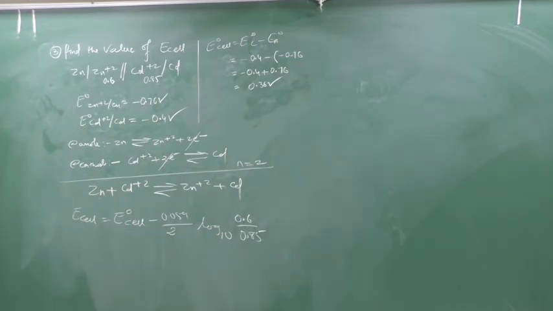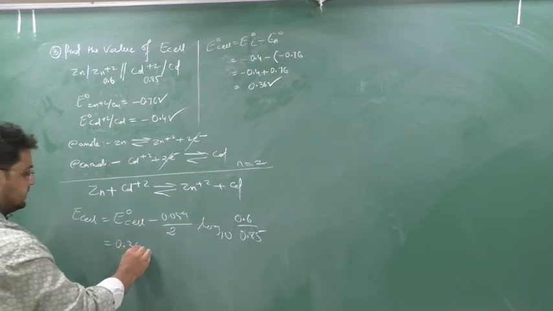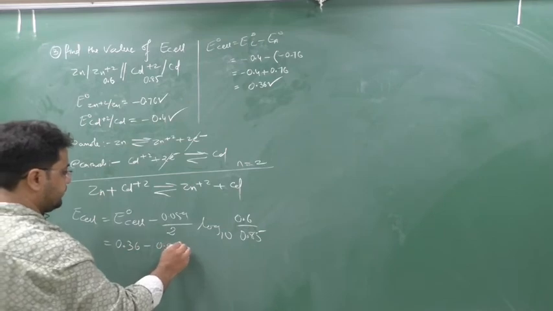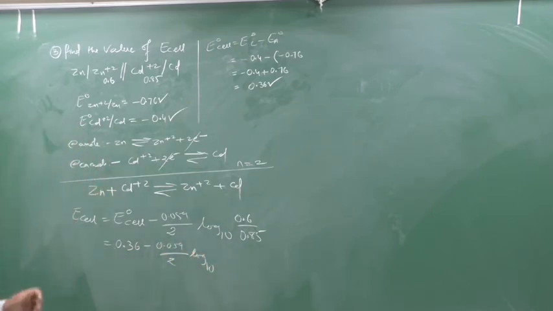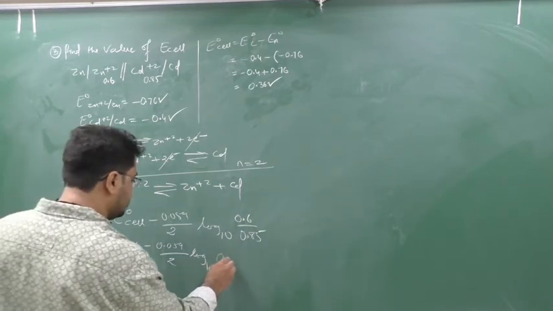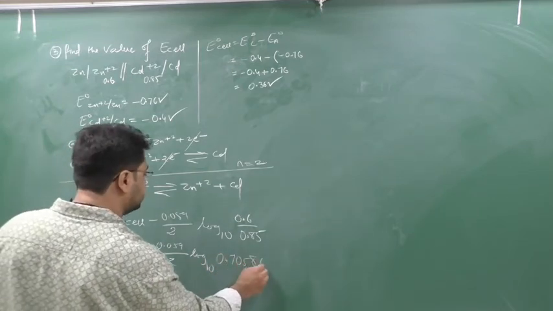Clear? Chalo, so E cell equal to E naught cell, 0.36 minus 0.059 by 2 log to the base 10 of 0.6 by 0.85. Your answer comes 0.70588. Okay.